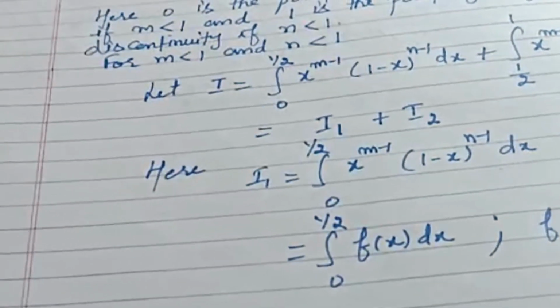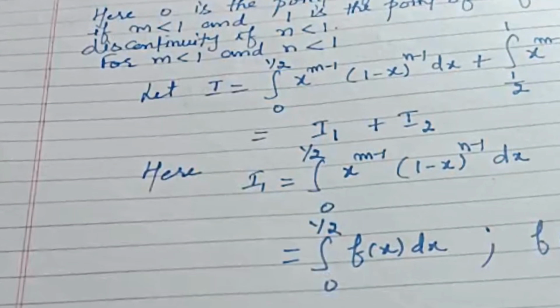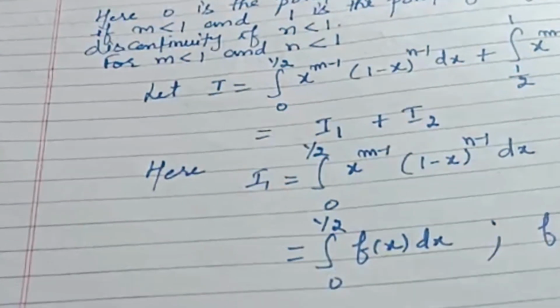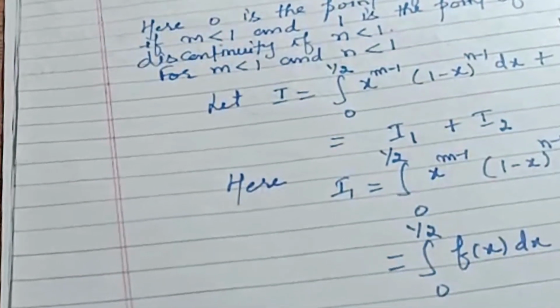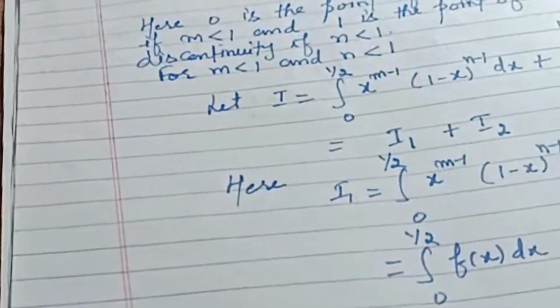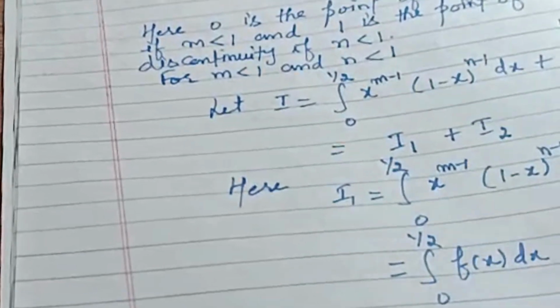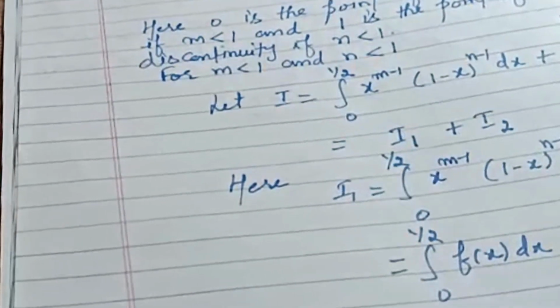So what we do now, we take g(x) as 1 upon x to the power 1 minus m. So let us take g(x) equal to 1 upon x to the power 1 minus m.